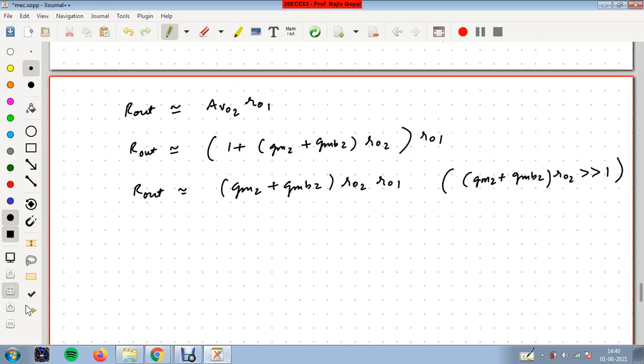All right. So if you look at only this part, in earlier classes we discussed something called intrinsic gain. We write intrinsic gain A naught as GM times R naught. So here, GM2 plus GMB2 into R naught, I can write as the intrinsic gain for transistor Q2.